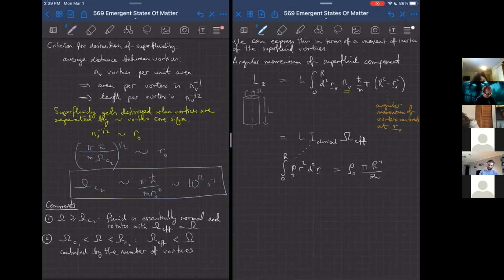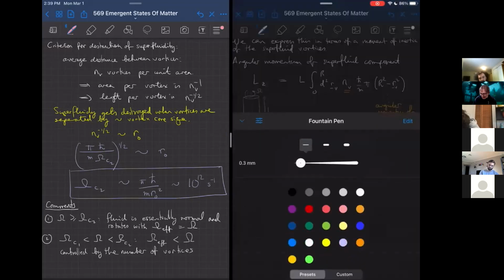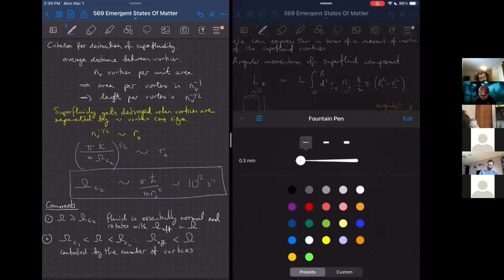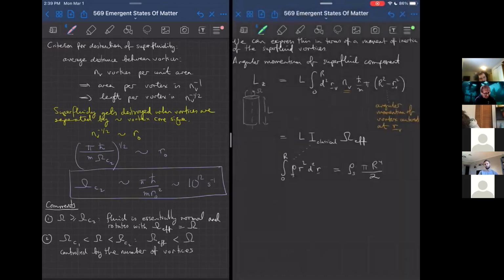So that's the classical moment of inertia, and so we essentially have a kind of classical rotating fluid, but the angular momentum does not quite follow that of a regular classical fluid. So let me show you exactly what we mean by that.